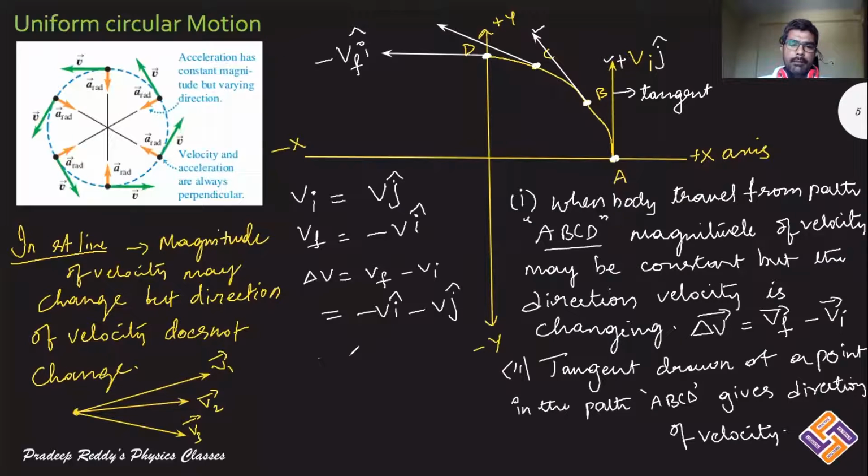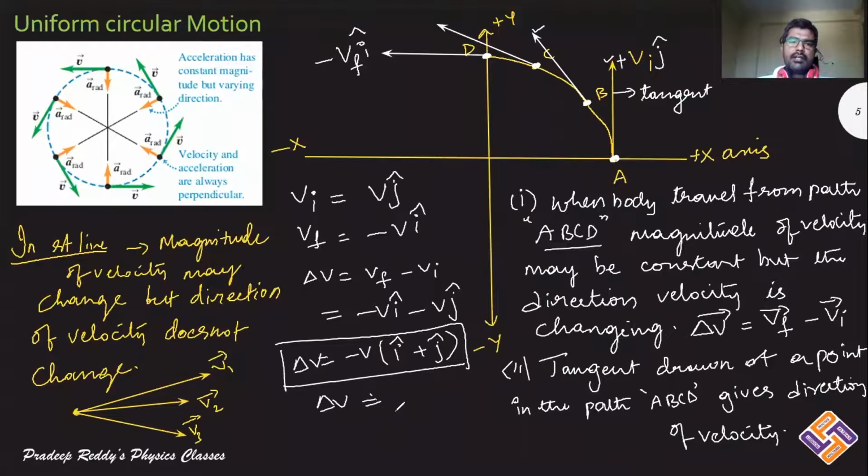If I take minus v common, this gives i cap plus j cap as the change in velocity, and change in velocity delta v is not equal to 0. Remember this point. Whenever the body is moving in such a curved path, it is part of circular motion, called curvilinear motion. Here we are not considering a complete circle. We are just taking a part of the circle, which is said to be a curve. This is curved motion.